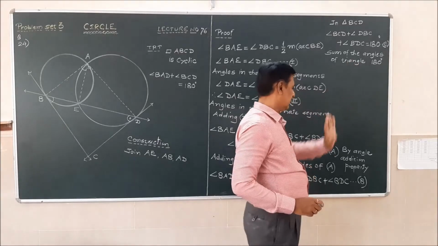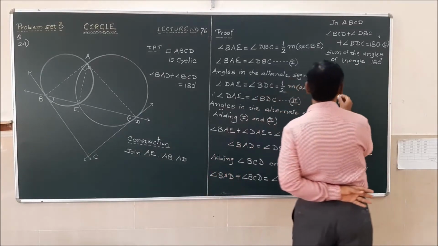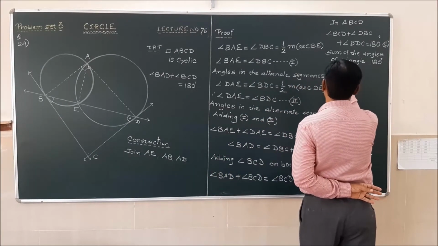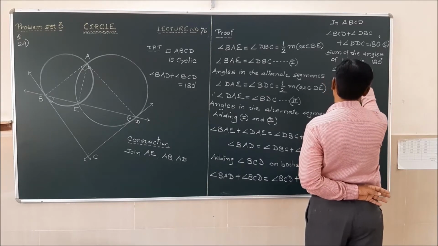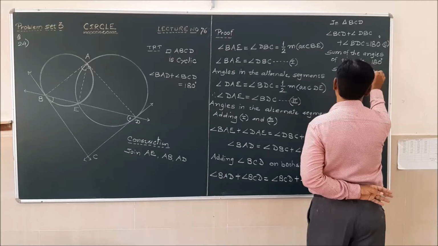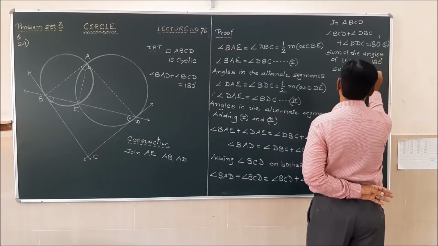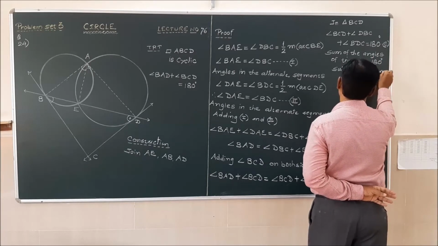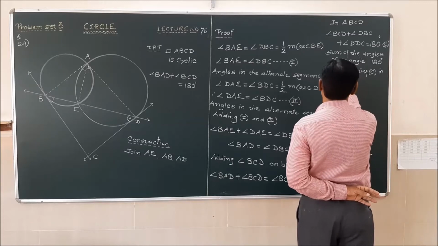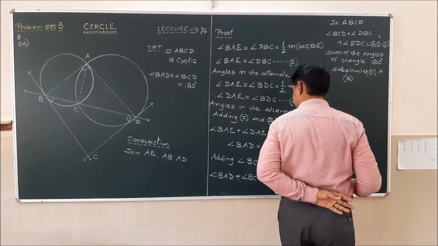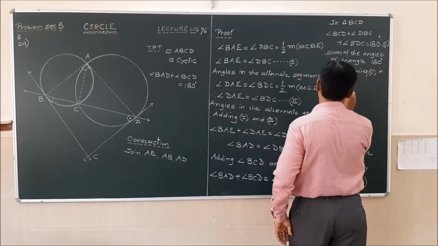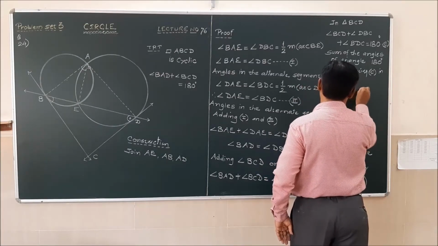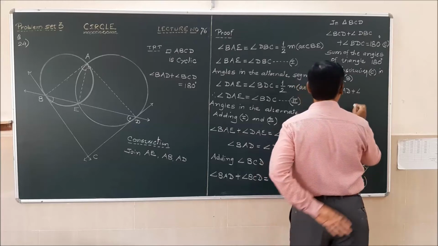This is our result C. So substituting C in B, you will find left hand side is angle BAD plus angle BCD.